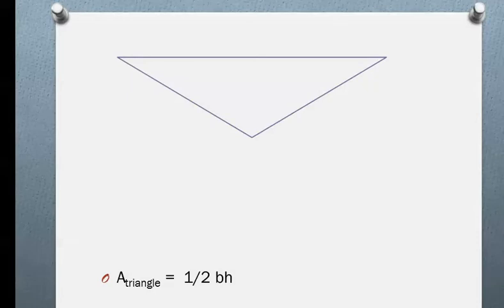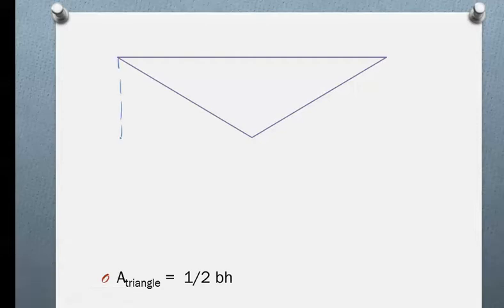And finally, the area of a triangle. You'll probably remember from back in middle school, area of a triangle is half base times height. And the way that formula comes into play is similar to the parallelogram.